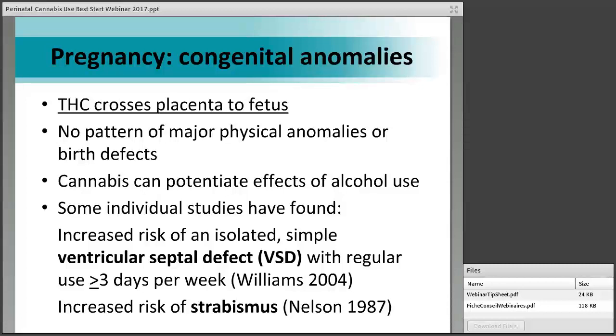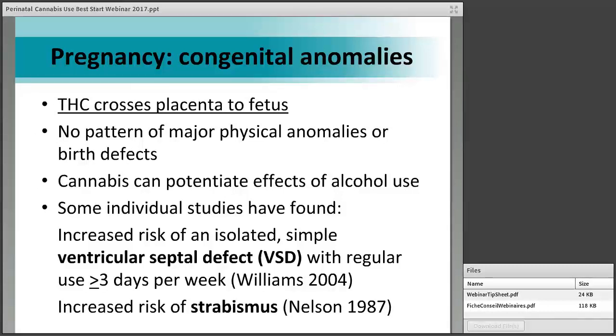What about birth defects or congenital anomalies? Well, we know that THC, the active psychoactive ingredient, has been documented to cross the placenta to the fetus, but there has not really been a specific pattern of major physical abnormalities or birth defects identified with cannabis use.